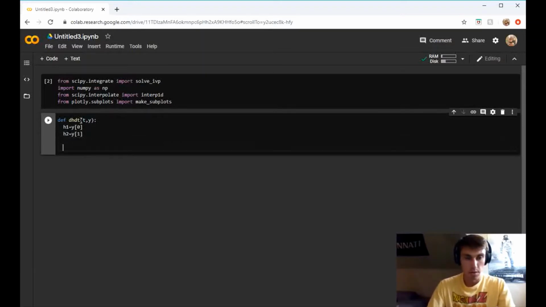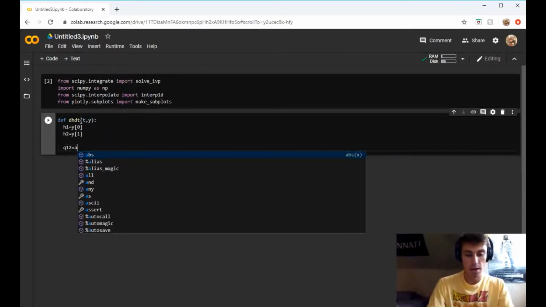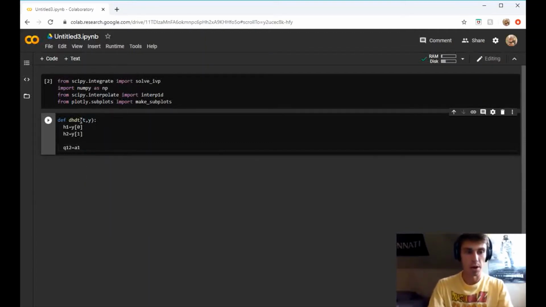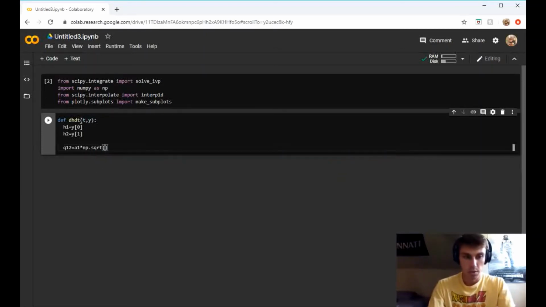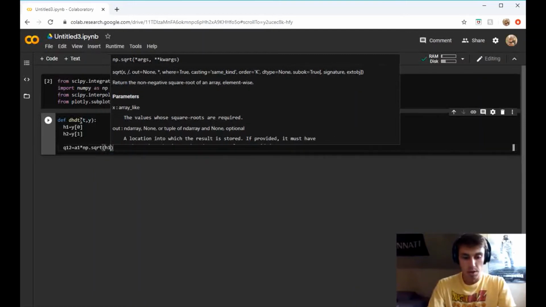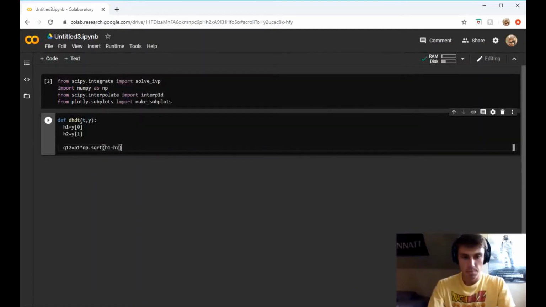All right. Now we can insert the flow rate. We were given Q12 equal to A1, and that's the alpha out in front of the square root, multiplied by the square root of H1 minus H2.